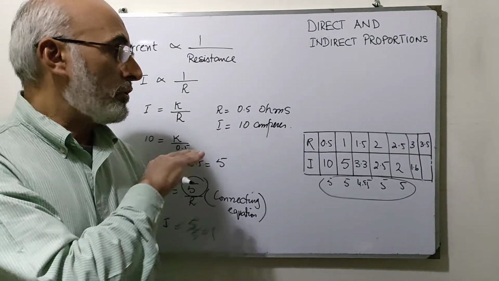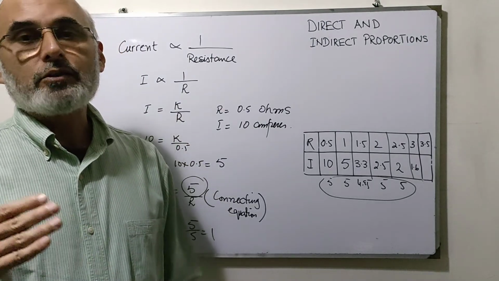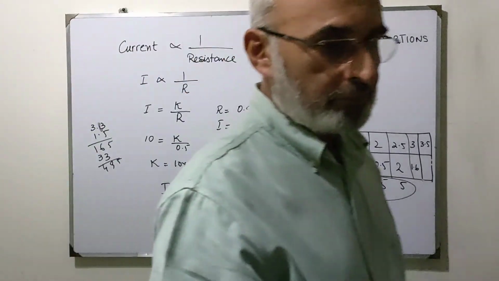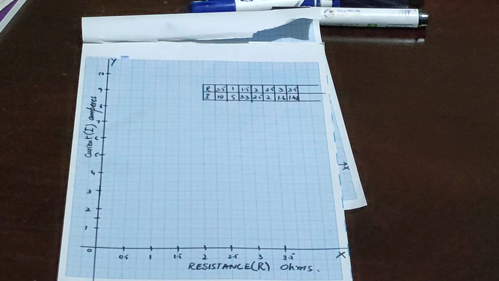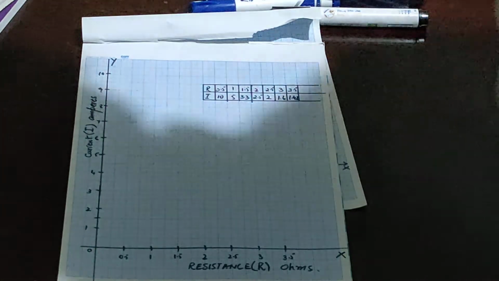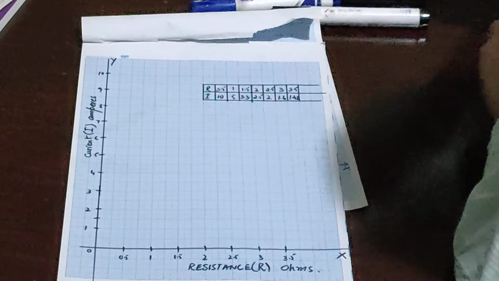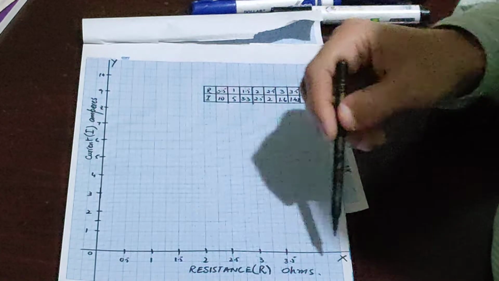Now I'm going to take this chart and draw a graph for R and I. We have taken current in amperes on the y-axis and resistance on the x-axis.